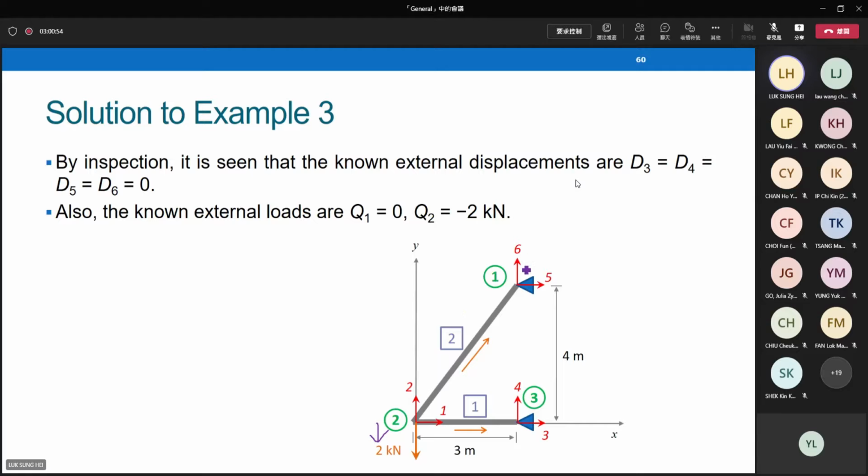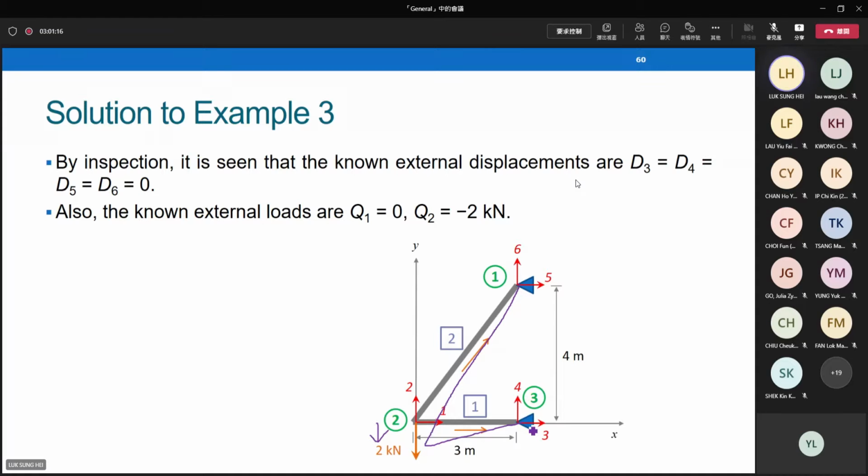And it will move a little bit to the right-hand side. It seems that the expected deflection should be something like this, when this truss is under downward force. That means D2 should be negative, D1 should be positive. This is my first impression from the picture.